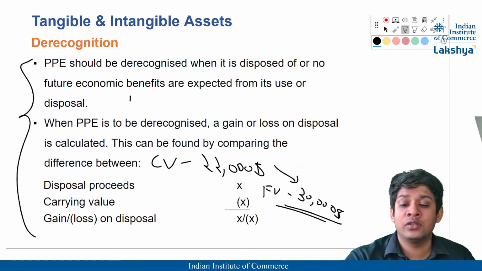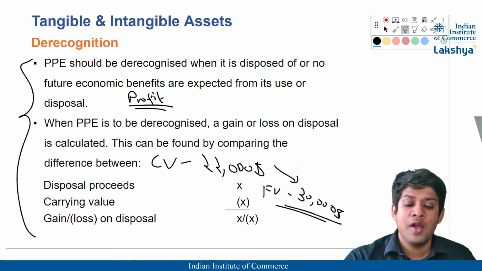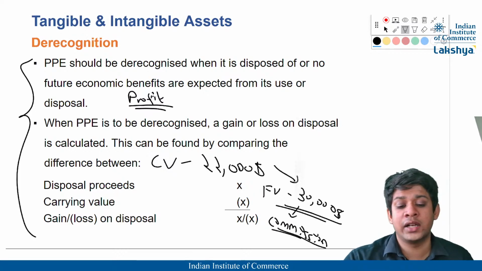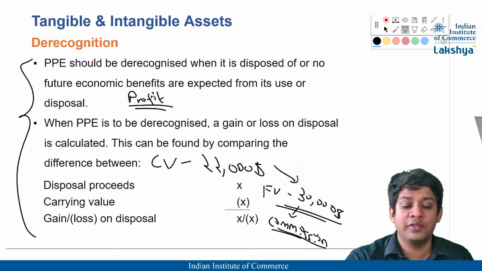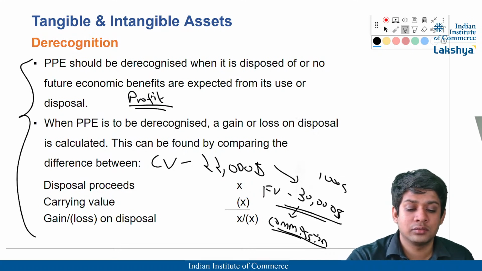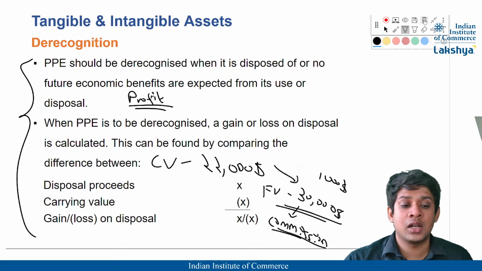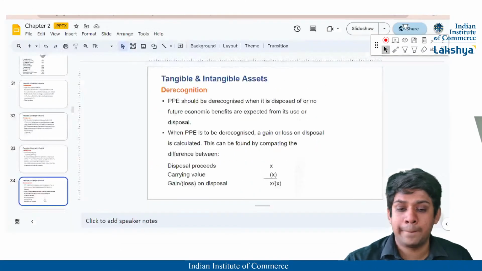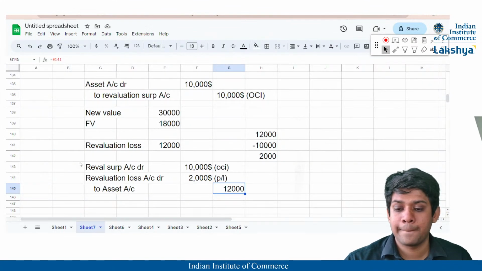That means on the sale of this asset, I got a profit. For the sake of selling it, maybe I've incurred certain costs to sell, that is commission. Maybe whoever helped me sell this asset at $30,000 charged a commission of, say, 1,000. So I'll just state it here on my Excel.